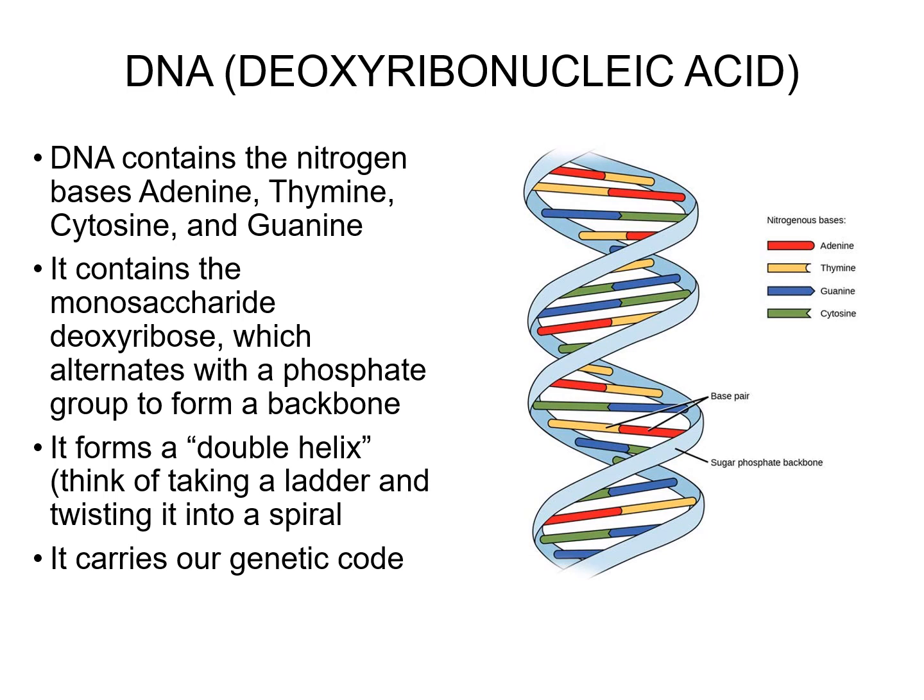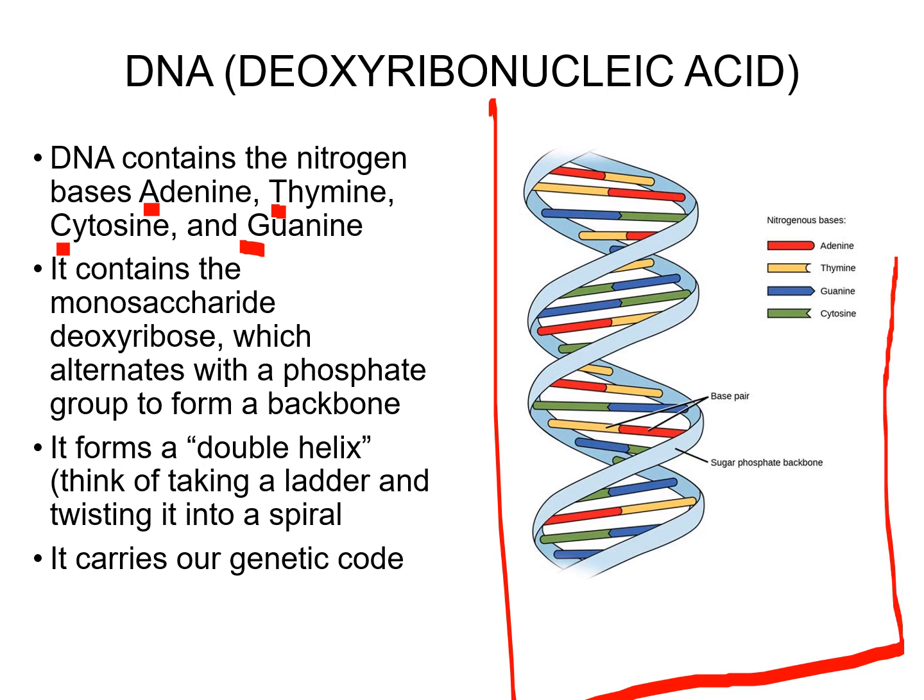So, once again, our DNA has a code. A is always best friends with T, and the C is always best friends with G. And if you take the time to actually look at this picture here on the right, you'll see that it's always the case. They have a red for adenine and a yellow, I guess it's yellow, for thymine, and they're always together.